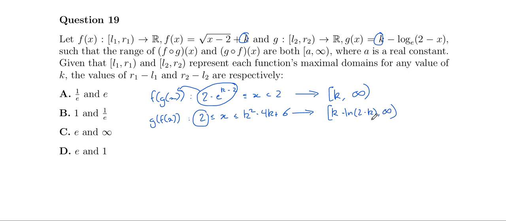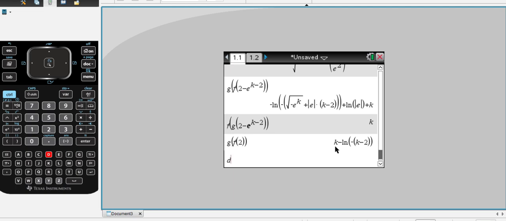All right, and since both ranges have to be the same, they're both some constant a to infinity, that means that k is equal to k minus ln 2 minus k. Solve k equals k minus ln 2 minus k.